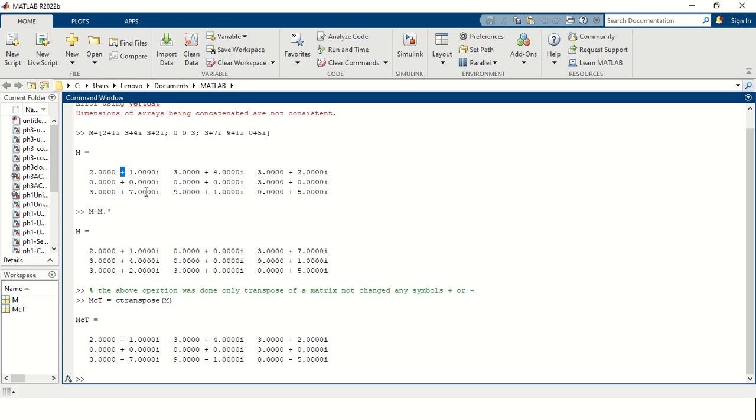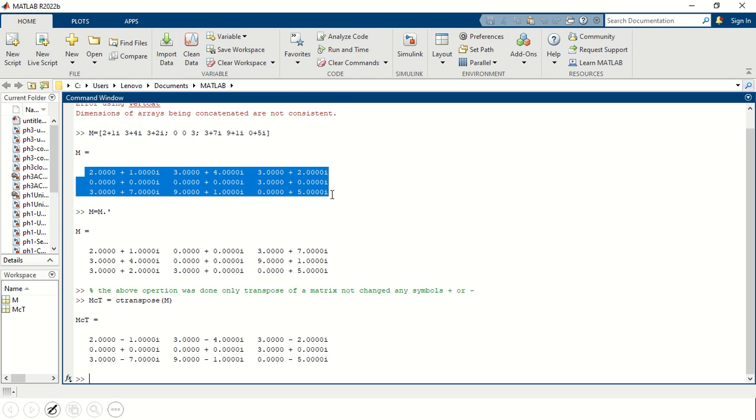The sign will change. That only is happening here. See here, 2 plus 1i becomes 2 minus 1i. That is the complex conjugate of these elements. That means by using the C transpose function, the resulting matrix will have the complex conjugate values of the original values.